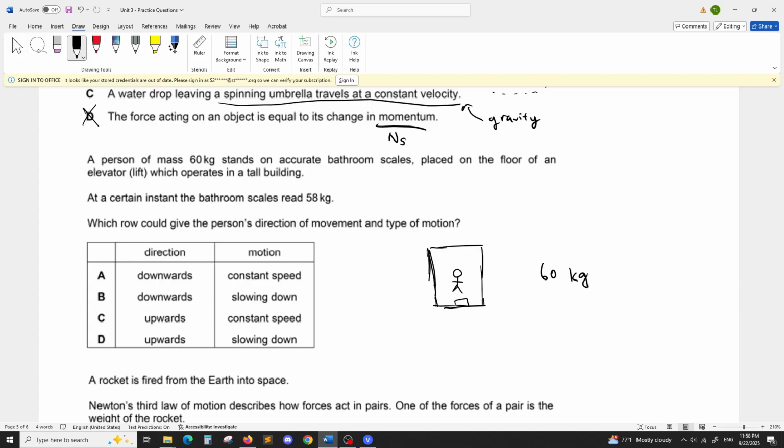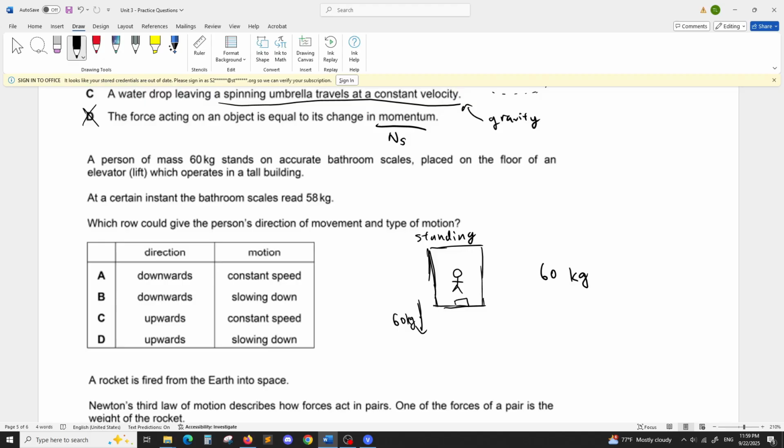And then at a certain instant, the bathroom scales read 58. So let's say you're standing idle. Then your constant force will be 60 down here. So if you're standing, it's going to read 60, assuming that it's accurate, which it is.